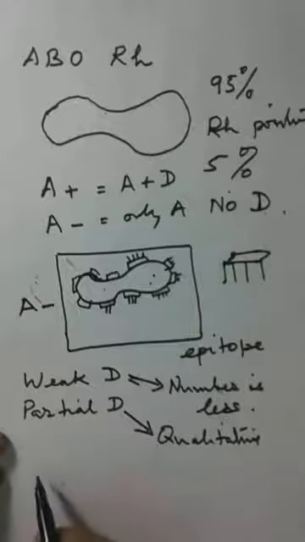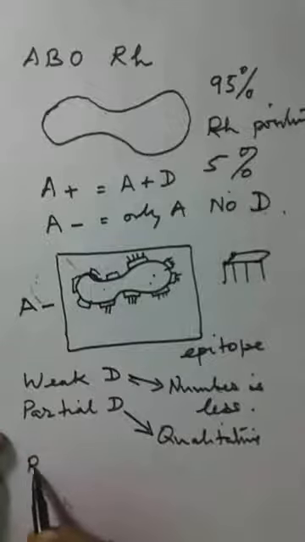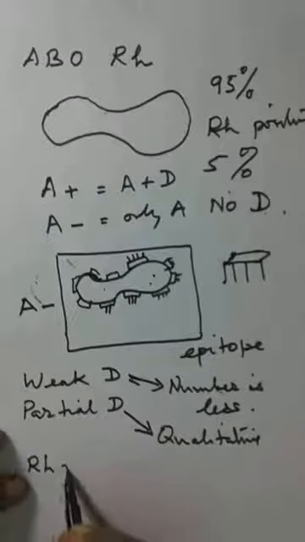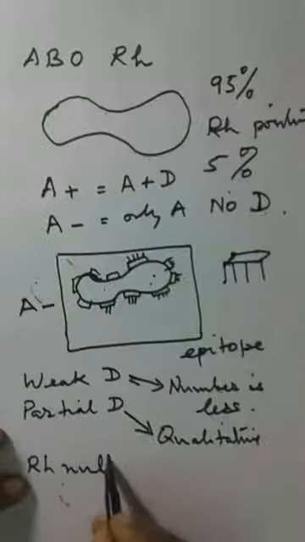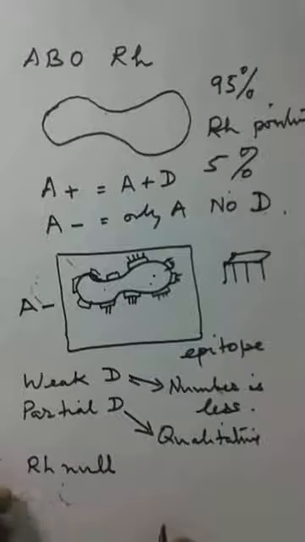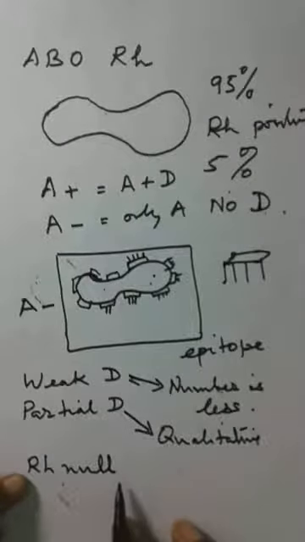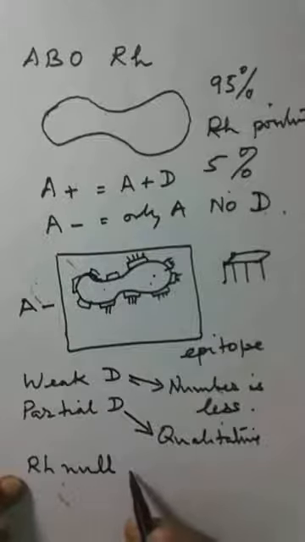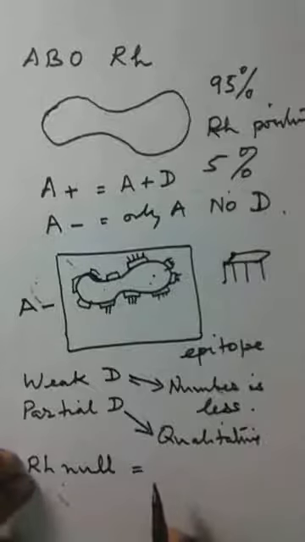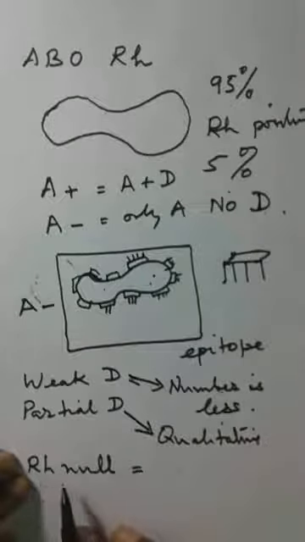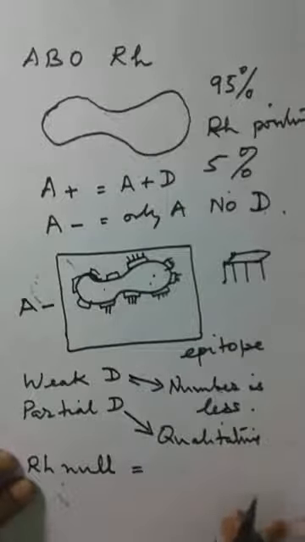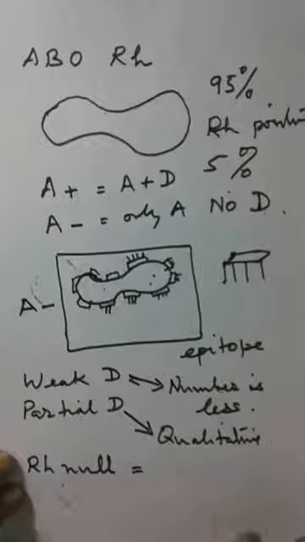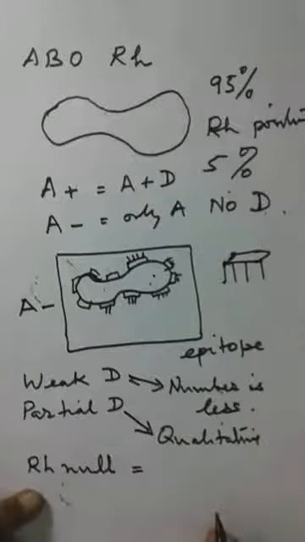Now another term, RH null. What do you mean by RH null? RH null means there is no RH at all, including D, C, E, small c, small e. Nothing, no RH at all.